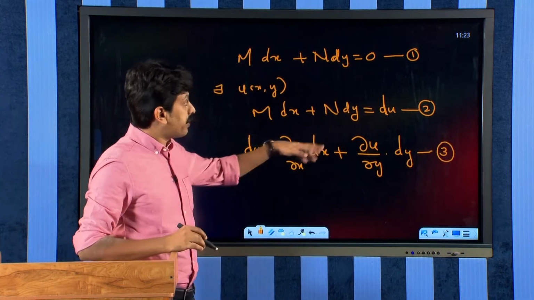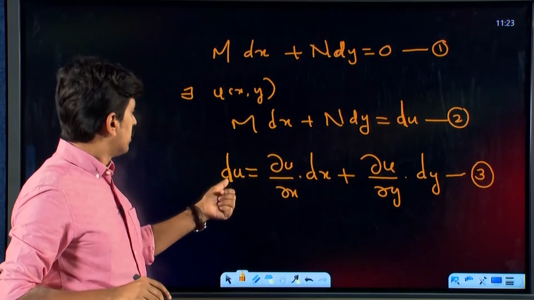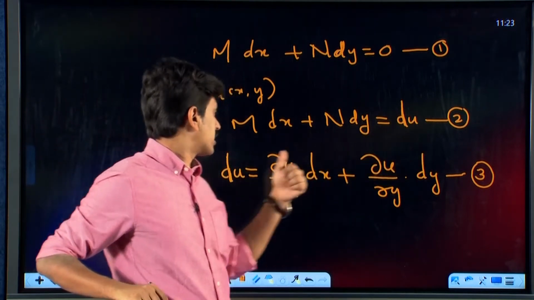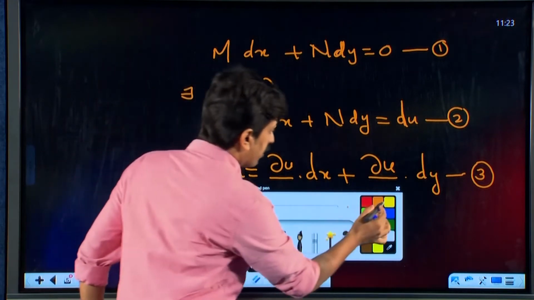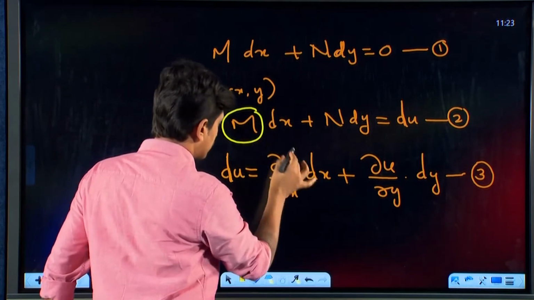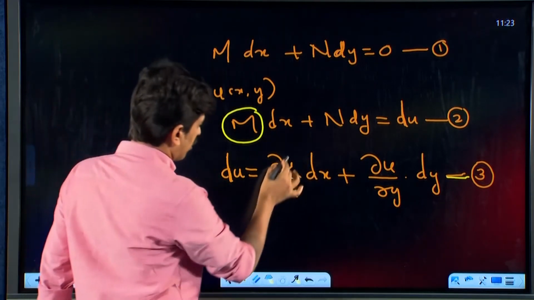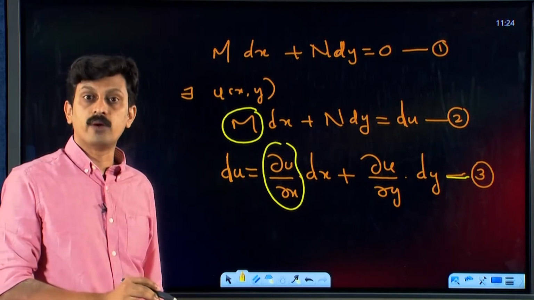So, comparing equation numbers 2 and 3, we have du on the RHS. Here we have M dx, and there we have ∂u/∂x into dx.